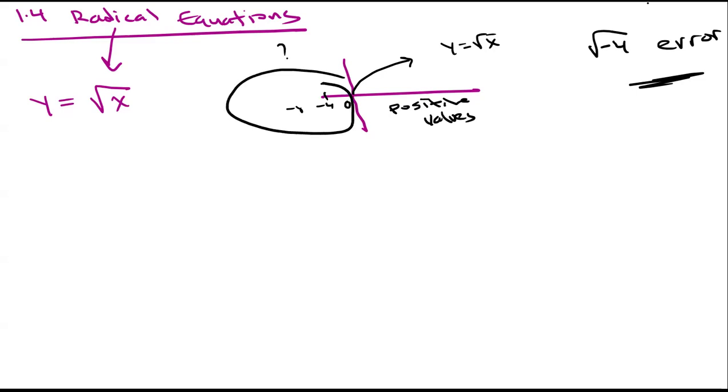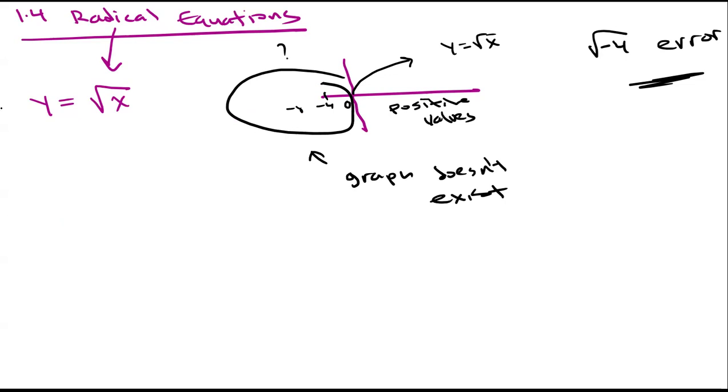There's nothing to compute. The graph doesn't exist there. So the calculator is saying, I don't know what you're talking about. There's nothing here that I can do. So again, pictorially, graphically, this is what's happening. That's why we're getting an error.